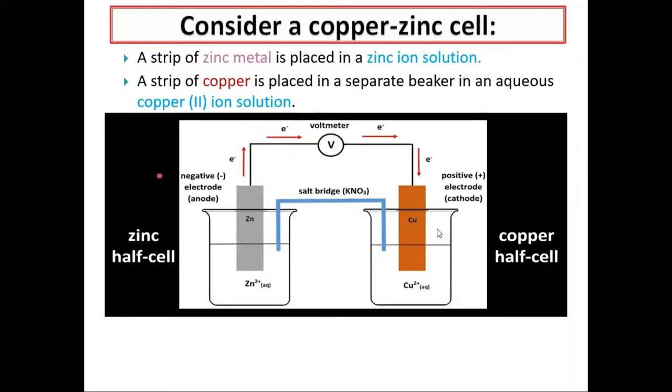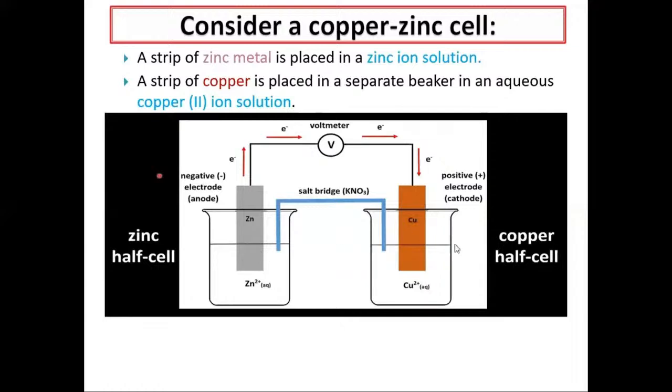Copper is going to receive the electrons from zinc. Therefore, it's going to be reduced. Therefore, we shall say that copper has caused the zinc to be oxidized, so copper is a strong oxidizing agent. That's the meaning. So this is the half cell for zinc and the half cell for copper.